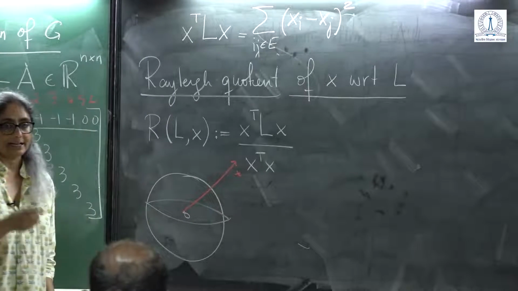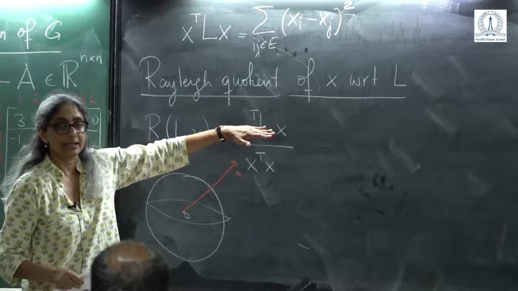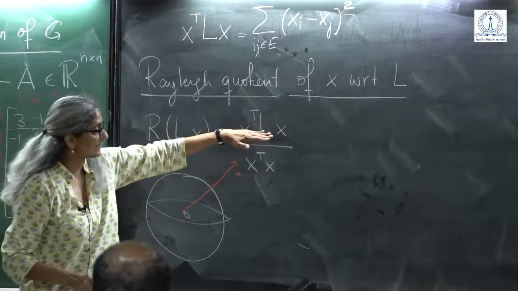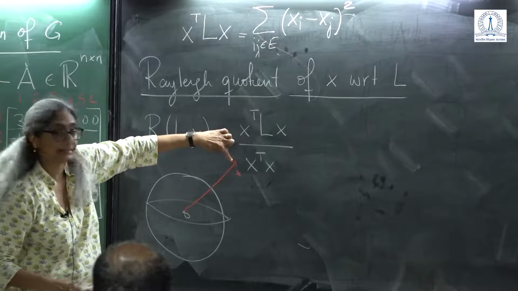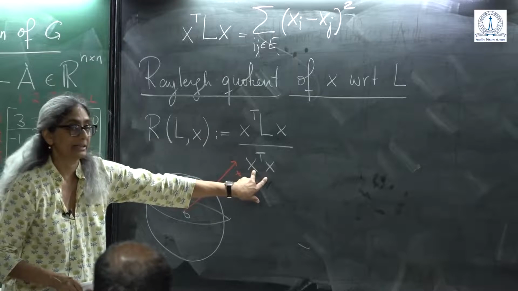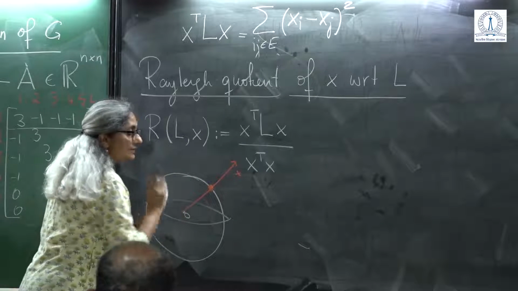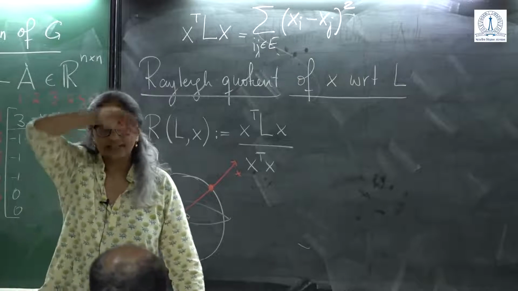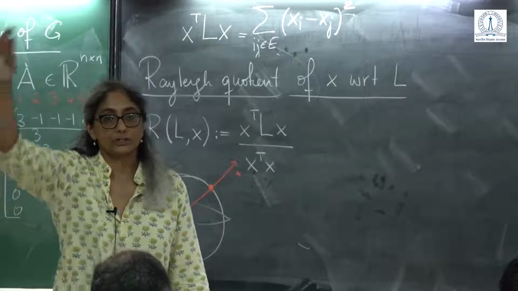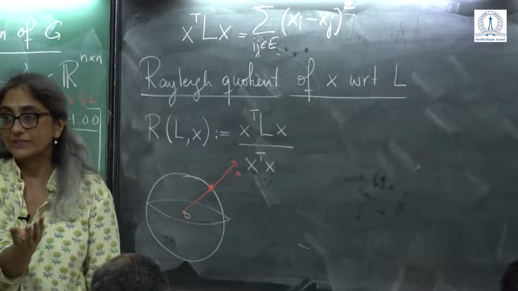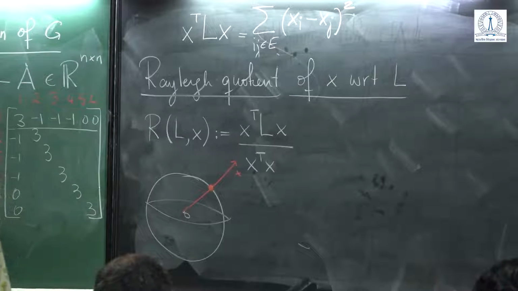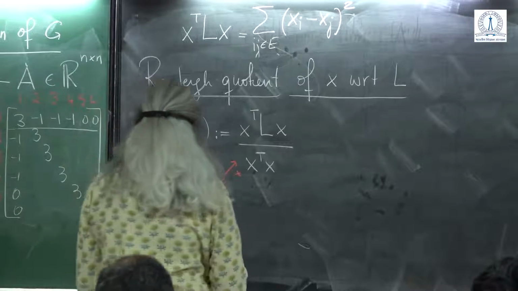The top part is x transpose Lx. If I take the value of x transpose Lx at this x and divide by the norm squared of x, you're essentially calculating the value here. So you're just evaluating on the unit sphere. The domain is now cut down to the unit sphere, and you're just calculating the value of the quadratic form. We've just normalized it, that's all. But it's going to be useful to normalize it.